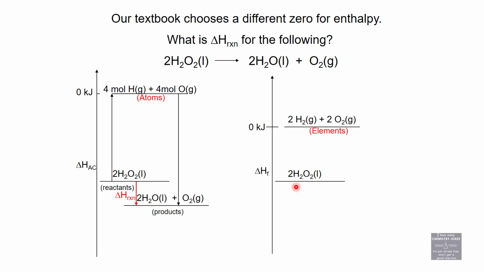I still have a shelf that has reactants on it. I still have a shelf that has products on it that's lower. It's still exothermic for me to go from this negative enthalpy value, and I know it's negative because I've looked it up in the back of the book. I go from this negative enthalpy value up to the elements and down to my products. The net transition is exactly the same.